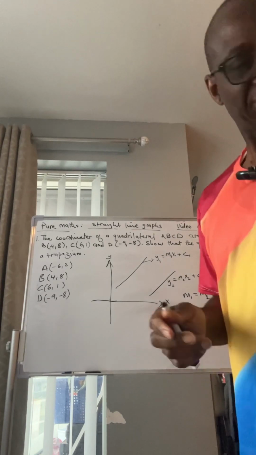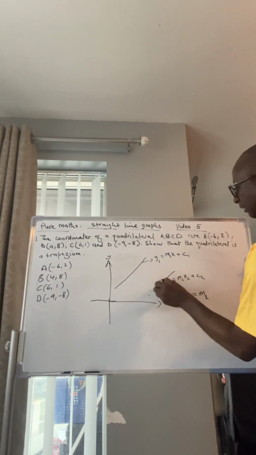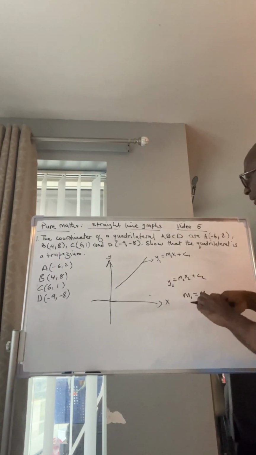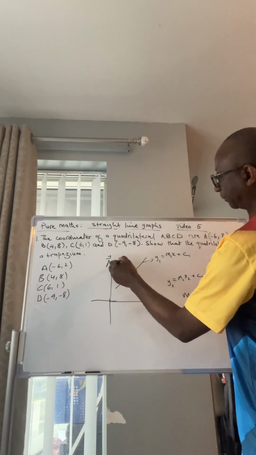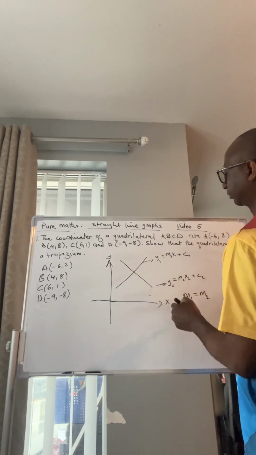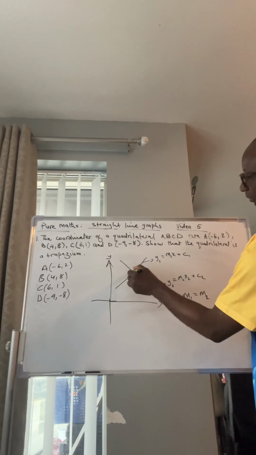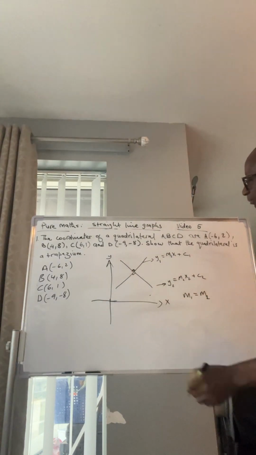On the other hand, because the next problem will involve that, if we are told that these two lines are perpendicular to each other, they form a right angle here.